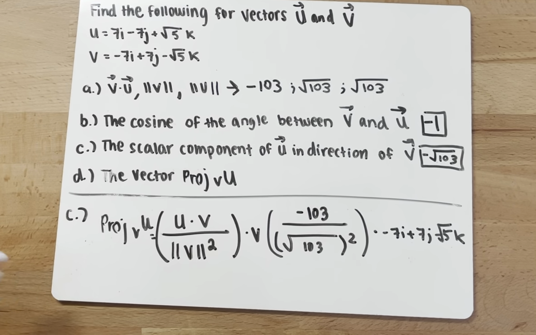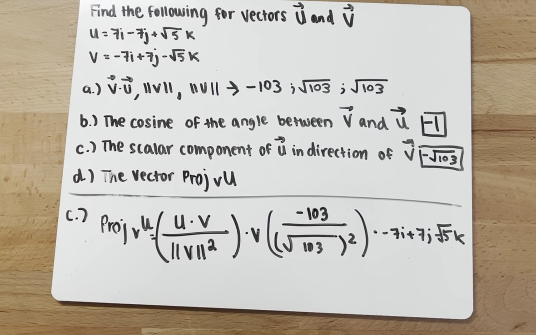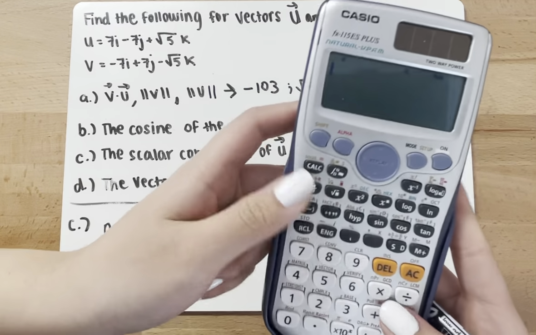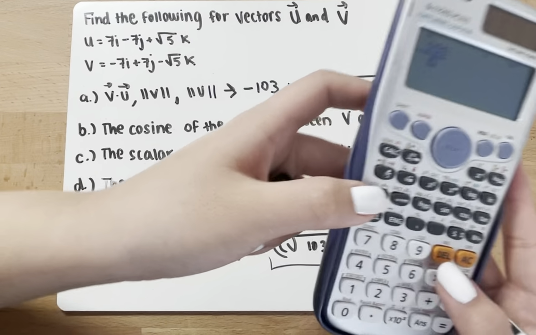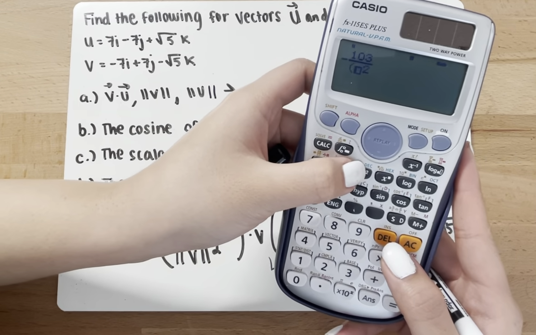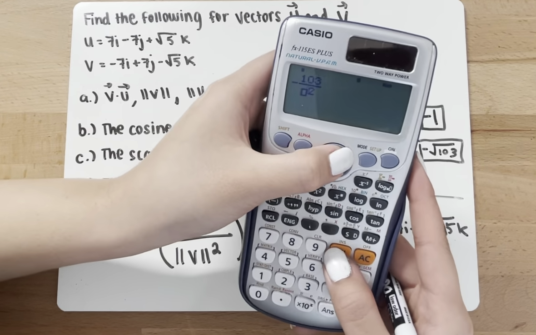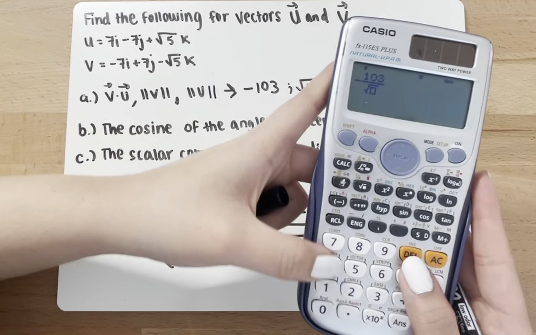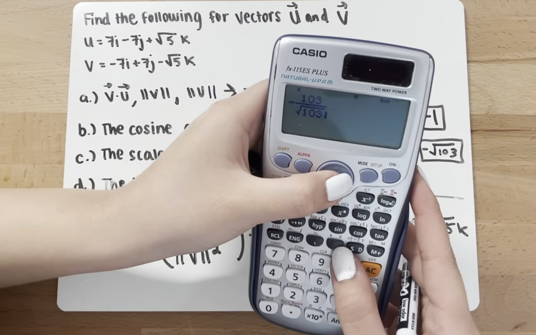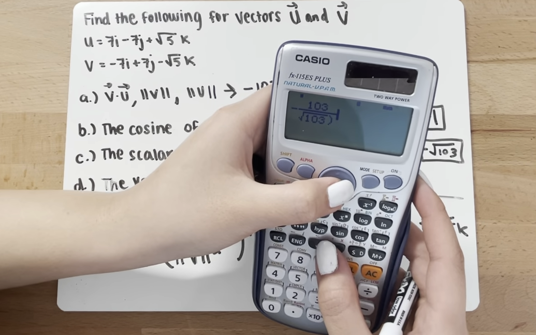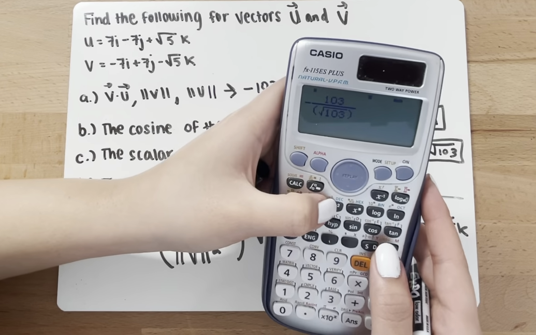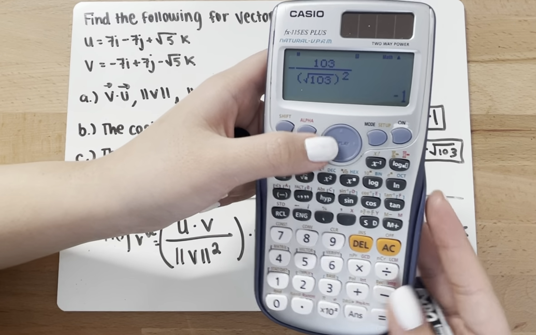Okay? Now, if you evaluate this part first, you get negative 103 over the square root of 103 squared, which equals negative 1.